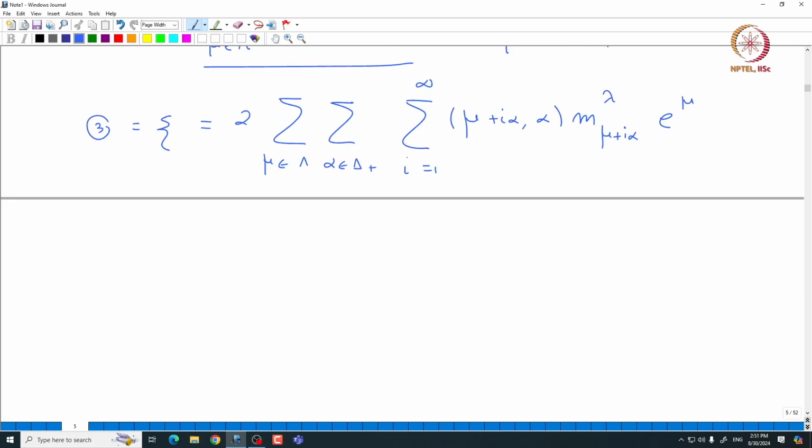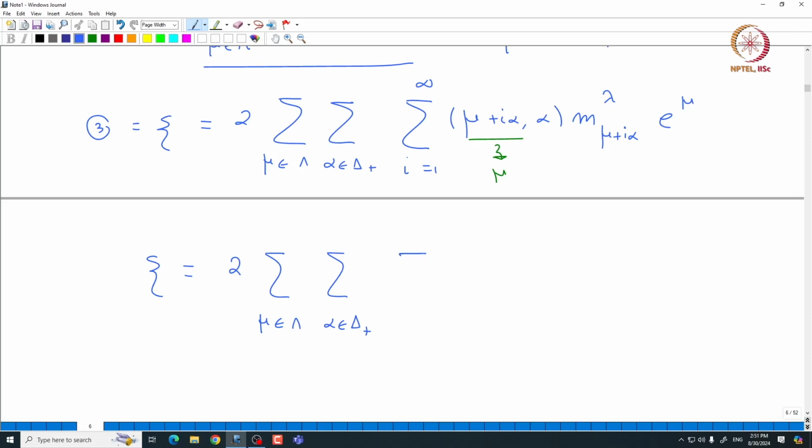Now we just change the variable mu plus i alpha to mu. Then this xi can be rewritten as follows. Xi will be exactly twice the summation over mu in Lambda, alpha in delta plus. Note that this change, mu goes to mu minus i alpha, does not change this capital Lambda.